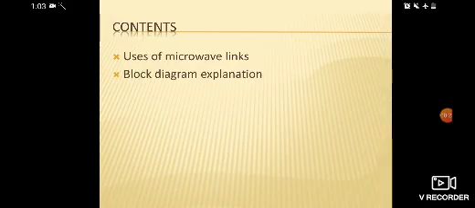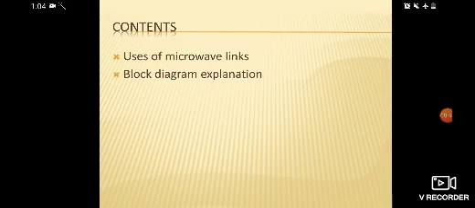So, first of all, what is a microwave link? The name link is nothing but a transmission line which is connecting two devices. A microwave link has the same function as a transmission line, just like a coaxial cable or fiber optic cable, but in a different manner. Why?